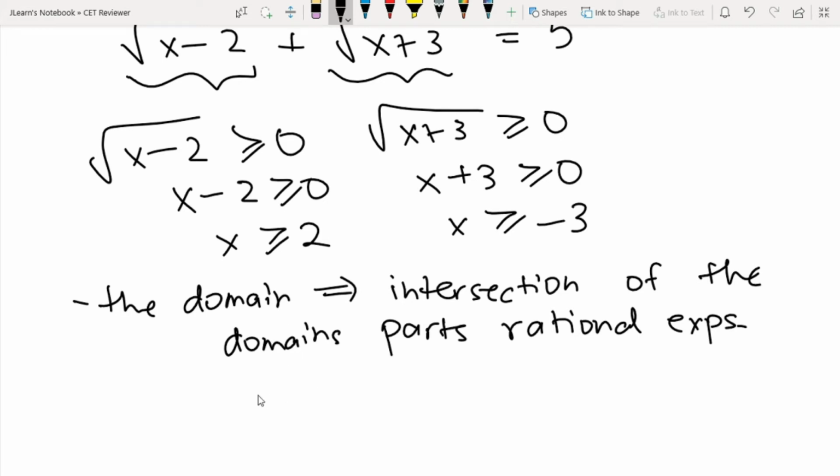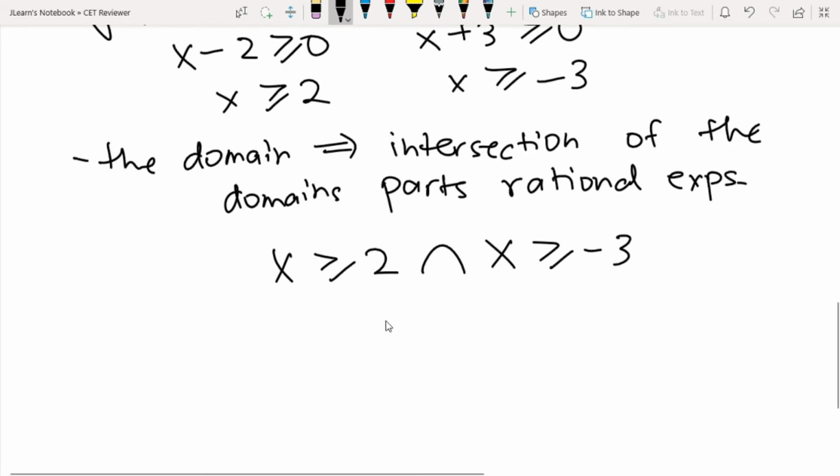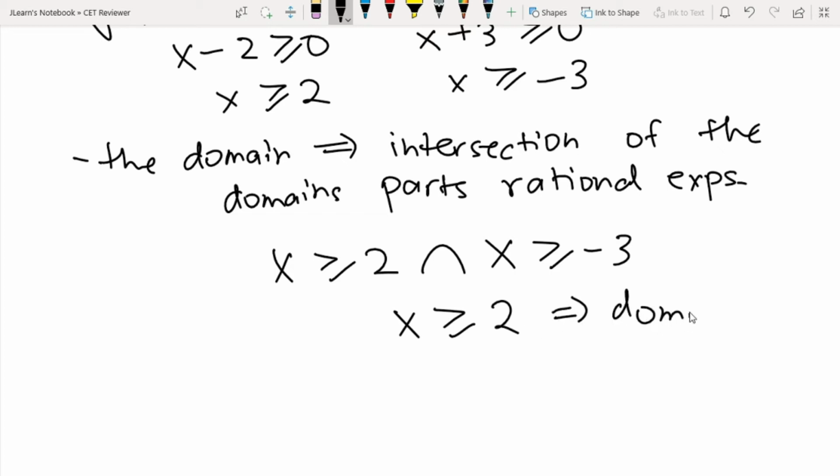So basically, kukunin lang natin yung intersection ng x is greater than or equal to 2 and x is greater than or equal to negative 3. Okay? And as we have learned in our previous videos, ang intersection nito ay x is greater than or equal to 2. Okay? So, yung x is greater than or equal to 2, ito na ngayon yung domain nung original natin na radical equation na square root of x minus 2 plus square root of x plus 3 is equal to 5.